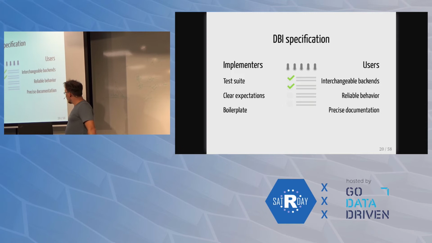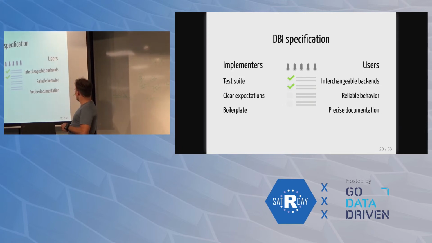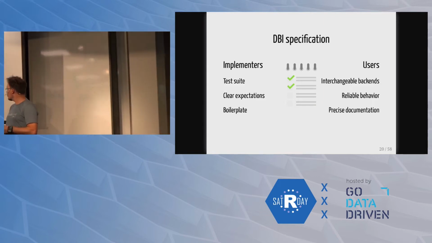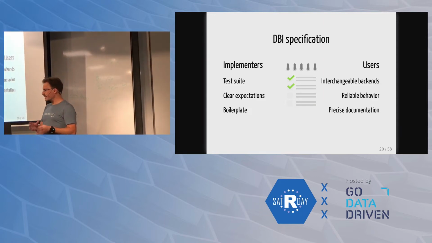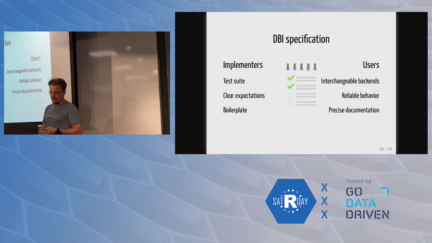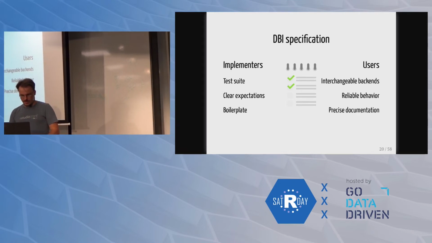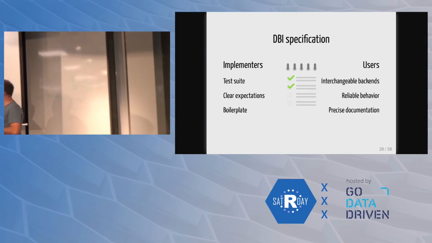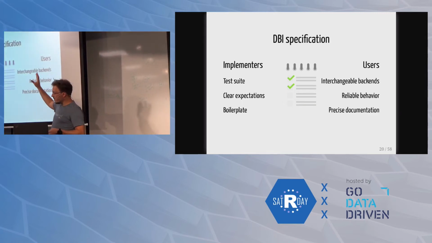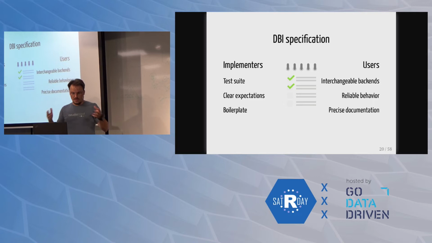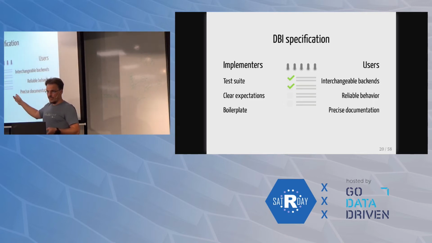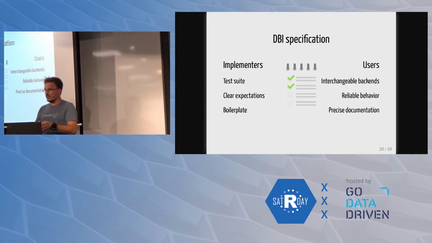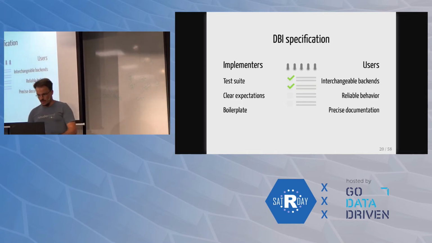We have more reliable behavior, a better understanding of what to expect from each of the functions, and, well, better documentation, I'd argue. And also implementers, those who deal with database backends, they get a test suite for free. You can start with a boilerplate which is available and just fill in the dots. And the expectations, what each method has to do, are very clear.